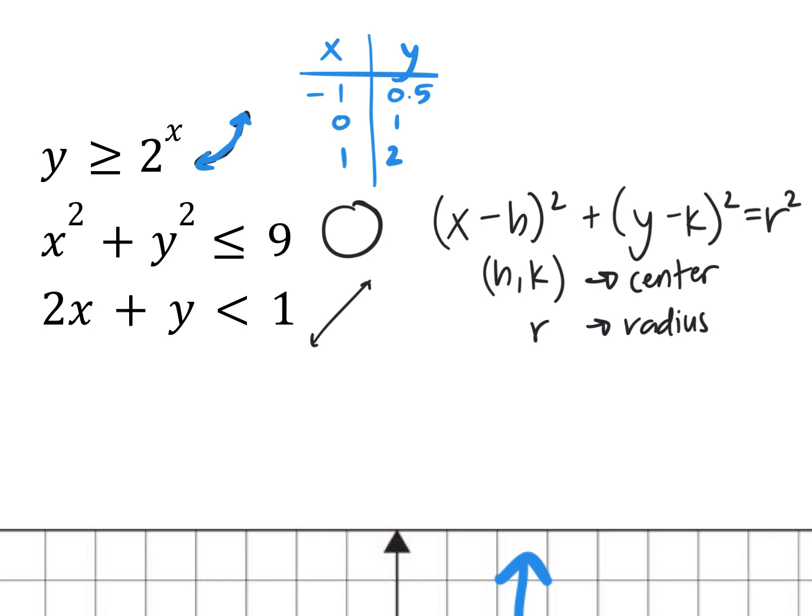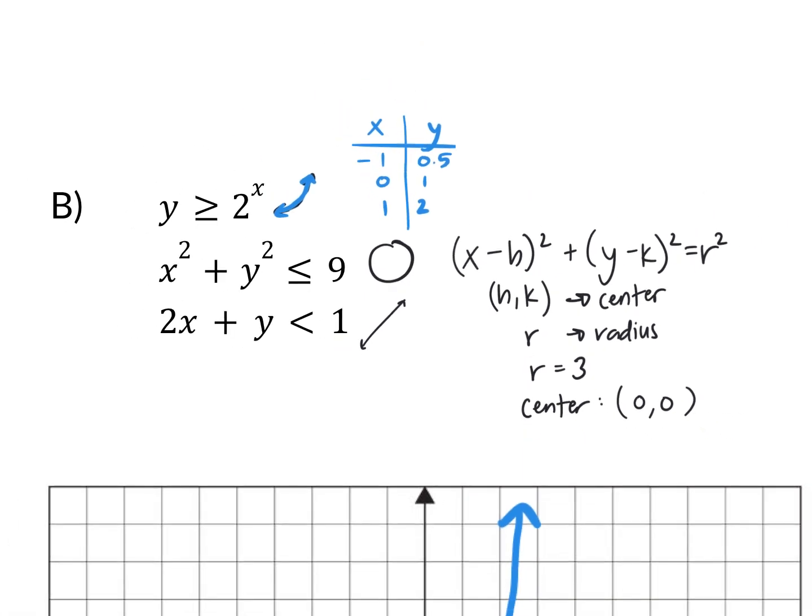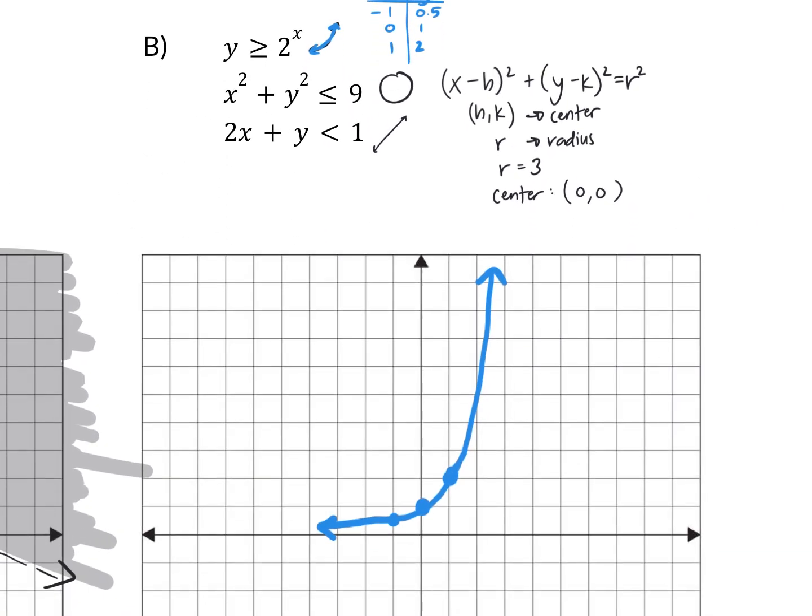Yes, so I have to take the square root of 9. So my radius would be 3. My center would be at what? 0, 0. So a pretty straightforward circle there. It starts at 0, 0 with a radius of 3. So 0, 0. I'm going to go out 3 all the way around.